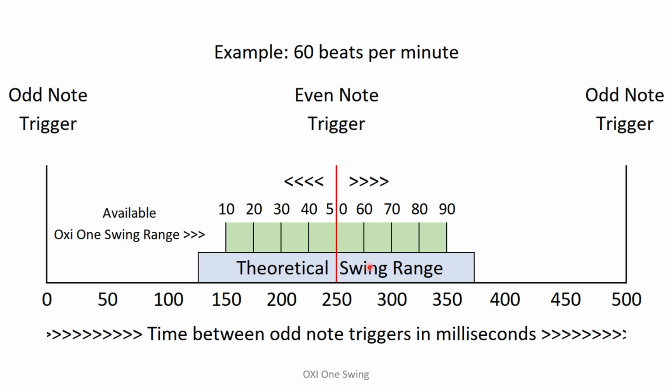At the minimum swing value of 10, even note triggers will occur 150 milliseconds after the odd notes. And as we saw on the previous slide, that's 30% of the way between odd notes. Likewise, at the maximum swing value of 90 here, even note triggers will occur 350 milliseconds after the preceding odd note, or 70% of the way to the next odd note trigger.